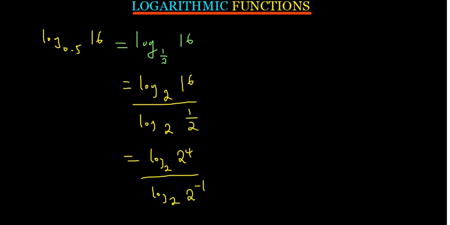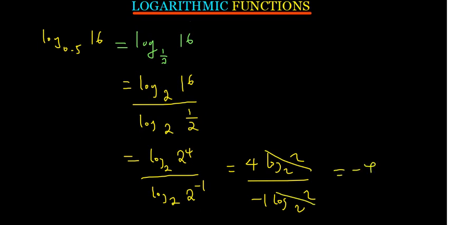We can bring the 4 in front and then log in base 2 of 2. Can bring the negative 1 in front and then log in base 2 of 2. So these two cancel. The answer is still negative 4. So that is another way that we are able to use. Whichever is good for you, go for it.